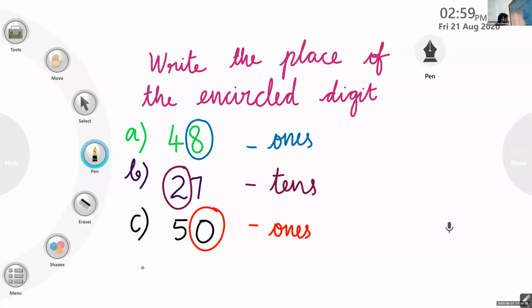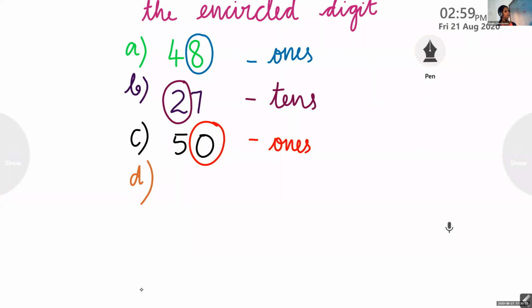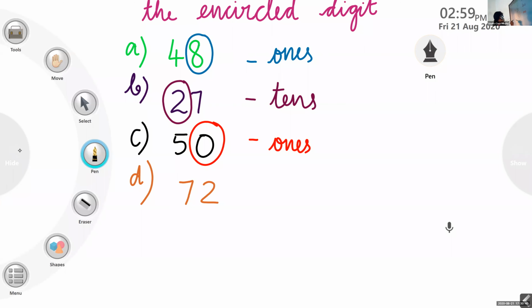Then we have D. Okay, good. The next number is 72. And the encircled digit is 2.